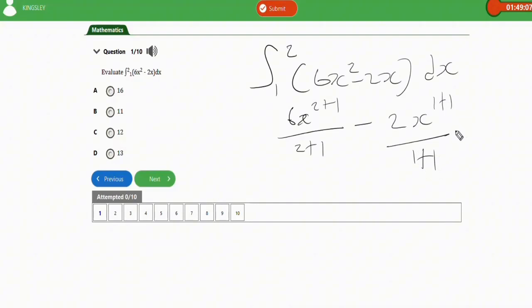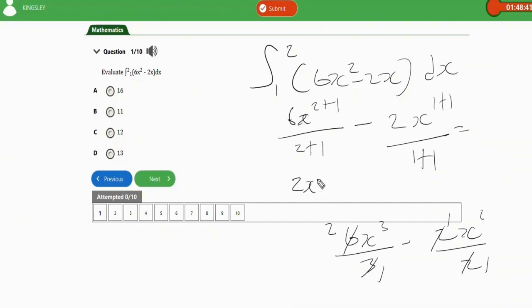This is the same thing as 6x cubed over 3 minus 2x squared over 2. This cancels a 1, this cancels a 2, it's a 1, it's a 1. So we are left with 2x cubed minus x squared.